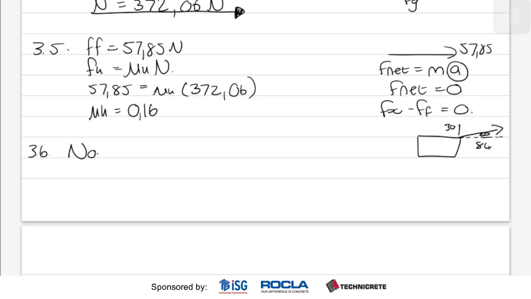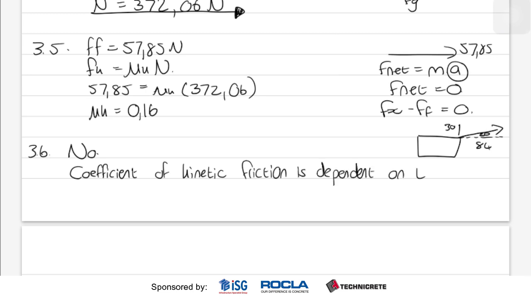And then the reason is the coefficient of kinetic friction is dependent on the nature of the surface, or even the type of surface it's on, not the force.